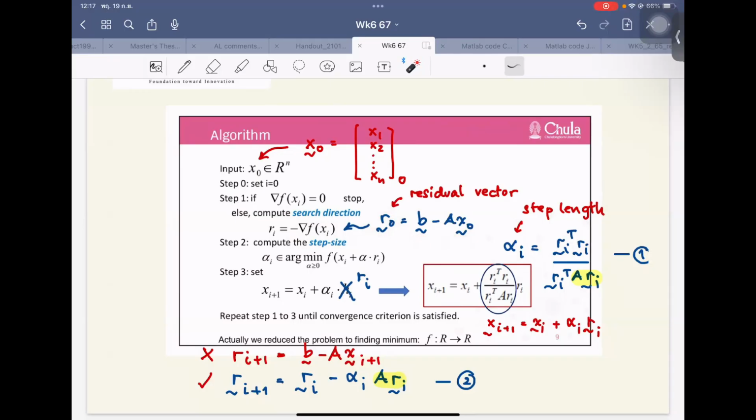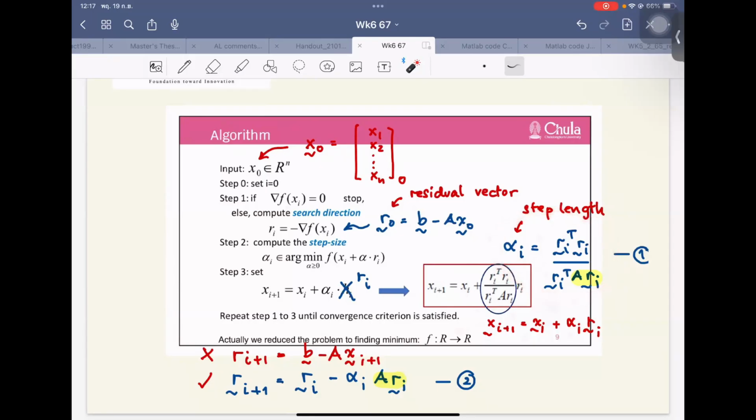Now for the first iteration, you begin with x0. So the residual vector r0 is b minus Ax0. And you determine the step length. Now we have the proof that gives us the first equation.